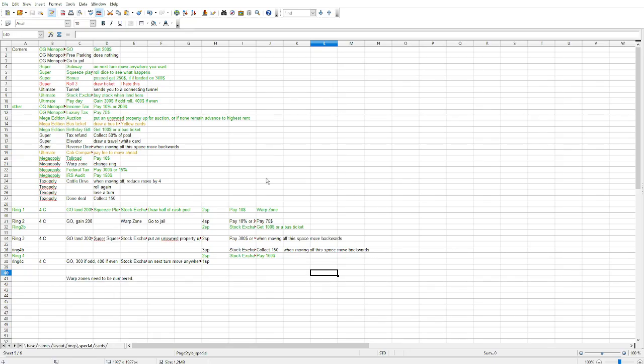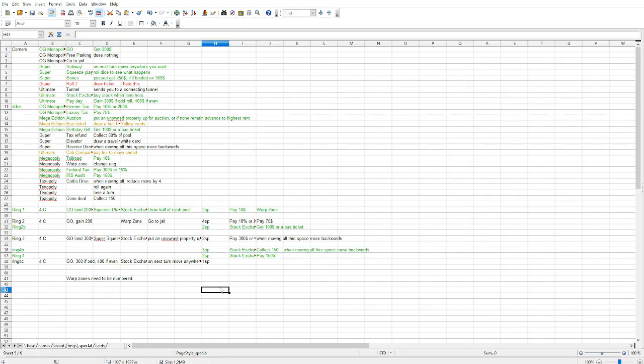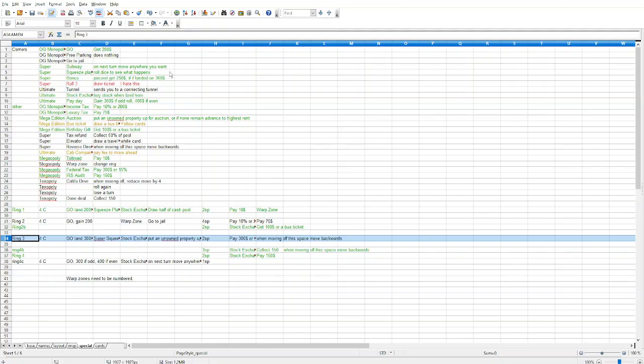Anyways, moving on. So, 4B is now done. What do we have left? Ring 3. 1, 2, 3, 4 corners. Corners are all done. Okay, both its special spaces are done. So ring 3 is green.